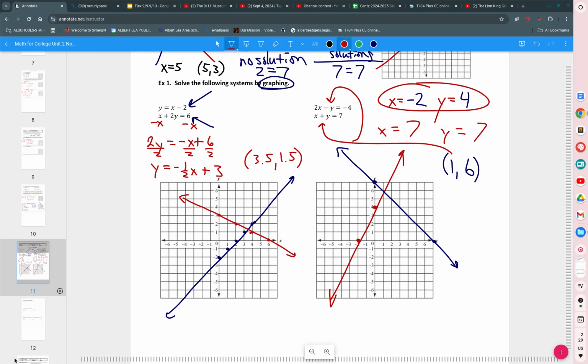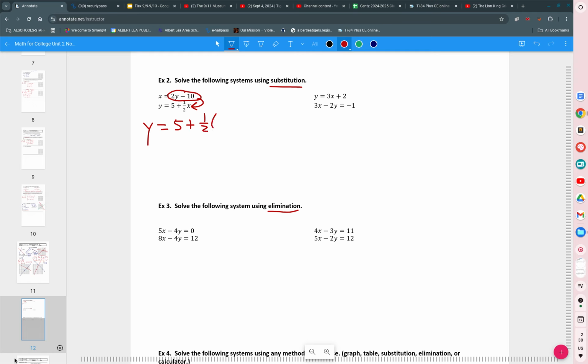Y equals, I have my 5, I have my plus 1/2, and instead of writing x, I write 2y minus 10. I distribute my 1/2, and I get y minus 5.